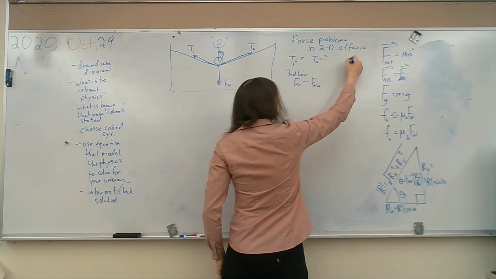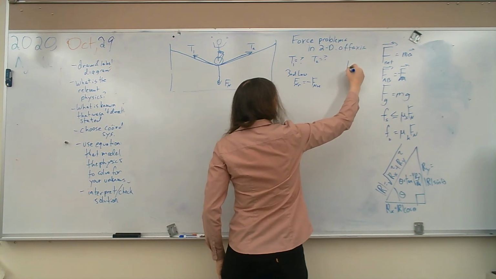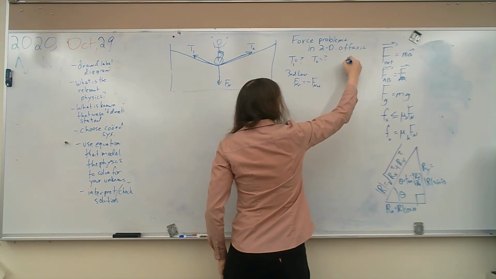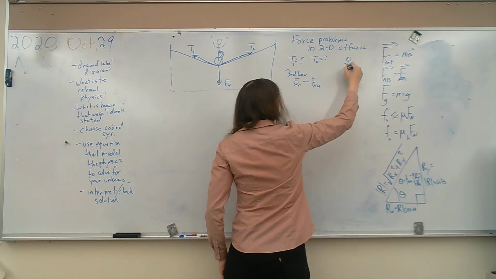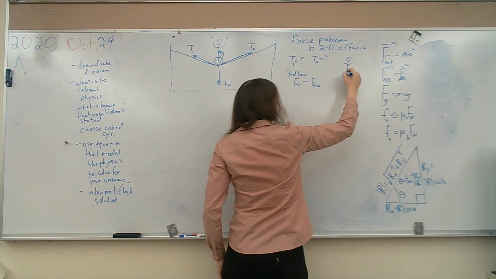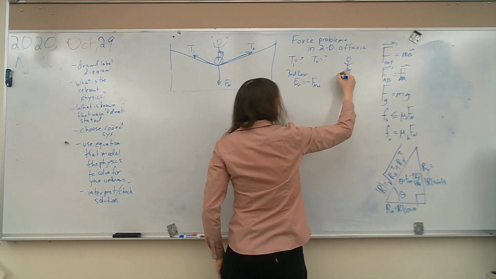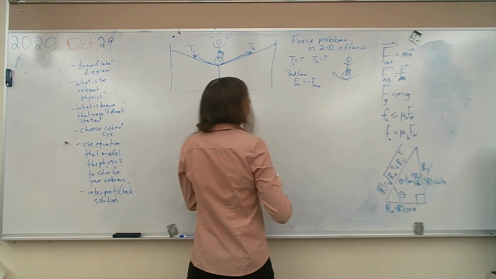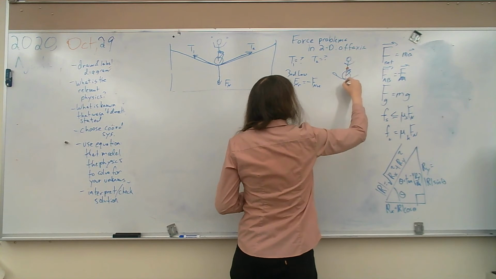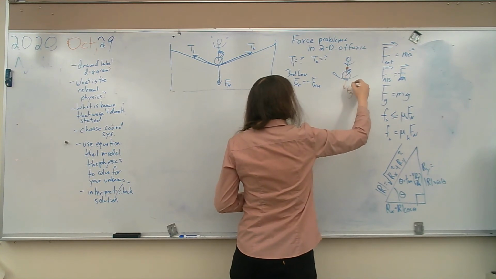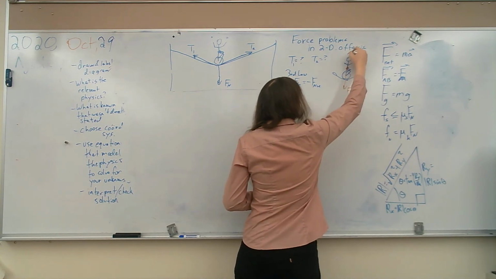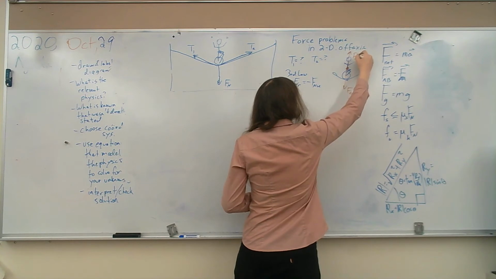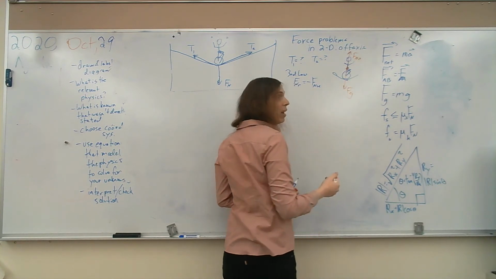And so if you have your unicyclist on the rope here, they have their weight going down and the normal force on the unicyclist going up.